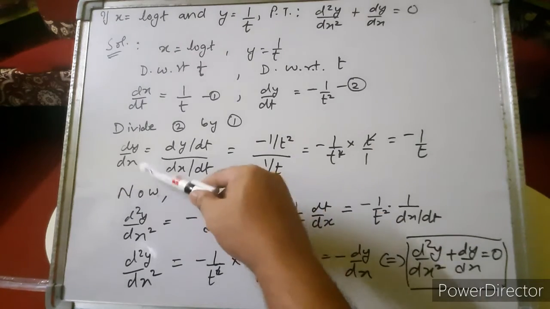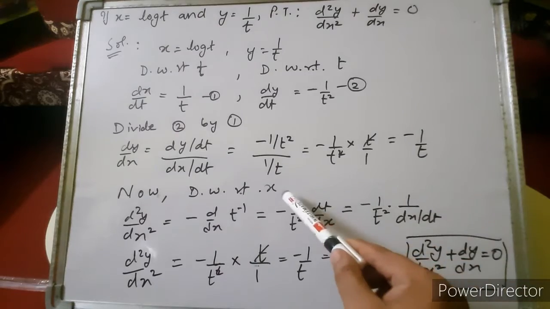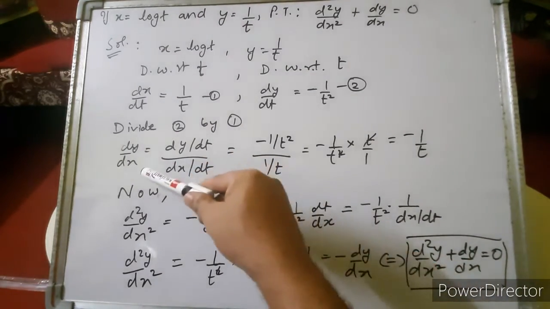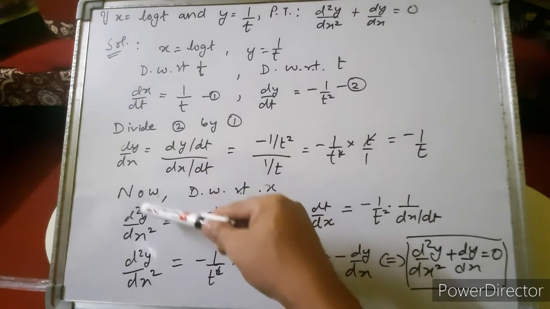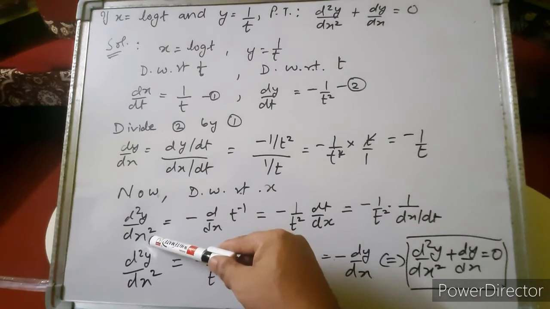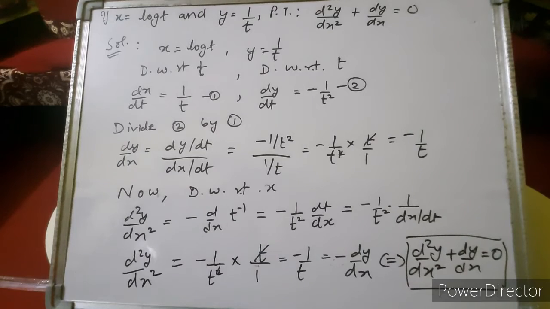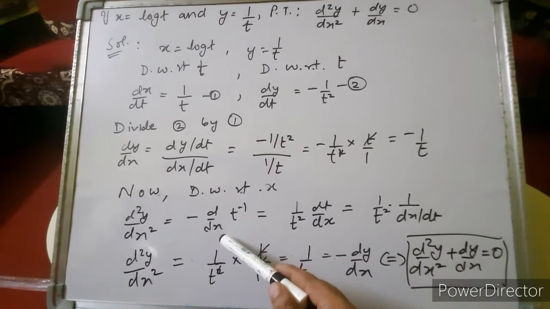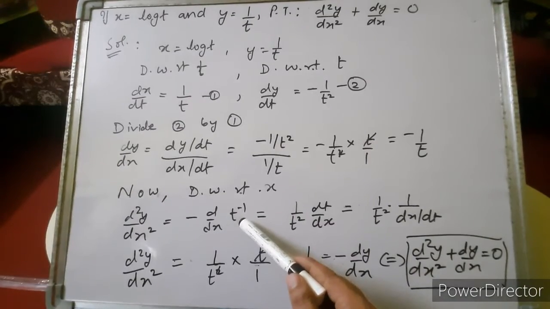Let's see how. dy by dx is minus 1 by t. Now differentiate this dy by dx function with respect to x. So if you do d by dx of dy by dx, what we get is d2y by dx2. Right, and here we do d by dx of t to the power minus 1. So this will become minus, now the derivative of 1 upon t will be d by dx of t to the power minus 1, right?